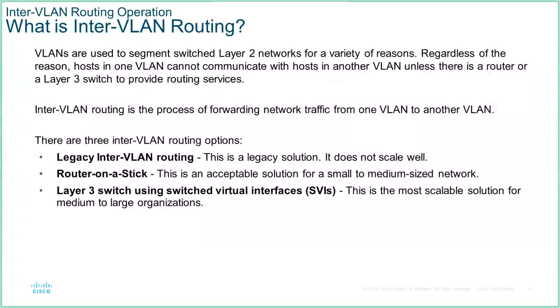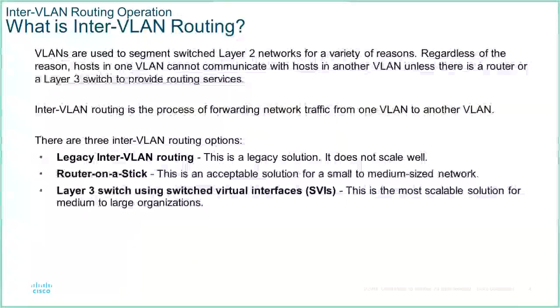So we forward traffic from one VLAN to another, and the options we can look at is the legacy. Now this doesn't scale very well. Basically we'll cover that in a second. Let's not get ahead of ourselves, right?